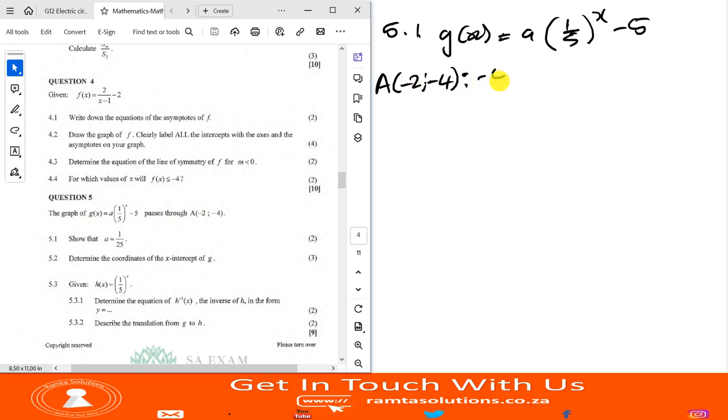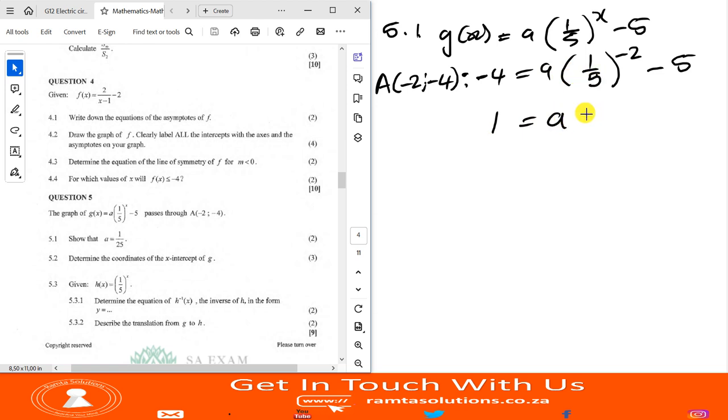So this is negative 4 equals a times 1 over 5 to the power negative 2, minus 5. The minus 5 comes to this side, so it becomes 1. And this is a.